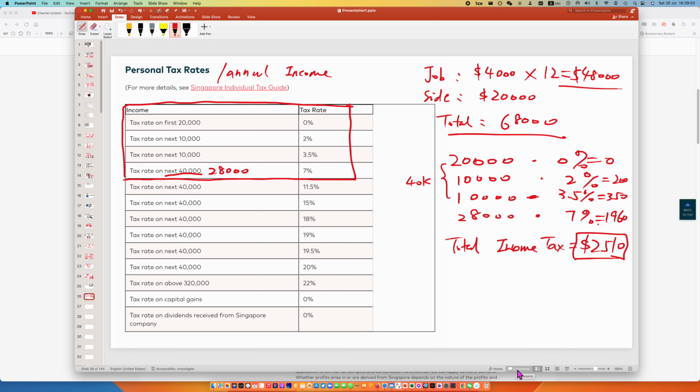Tax is used to fund your education. Let's say you pay very little for your school fee, right? I'm a PR, so I don't pay very little. Okay, you pay relatively less than a foreigner.